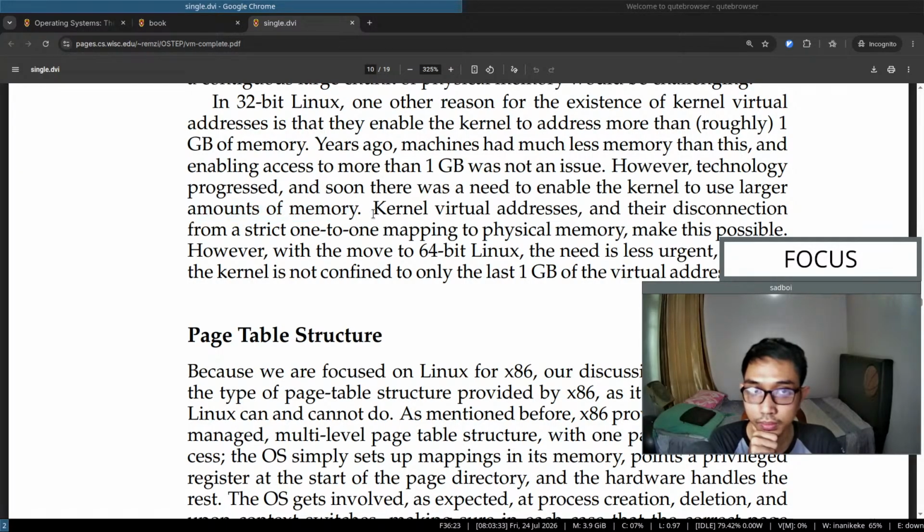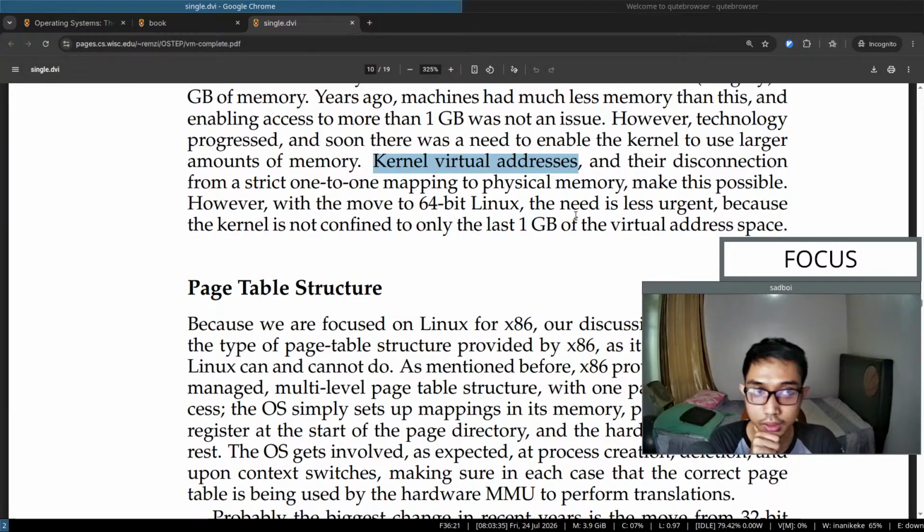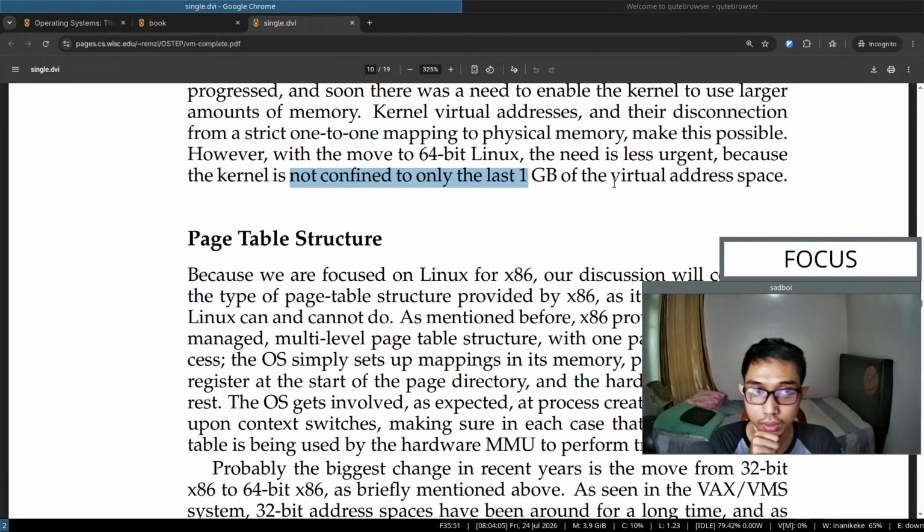Kernel virtual addresses and their disconnection from a strict one-to-one mapping to physical memory make this possible. However, with the move to 64-bit Linux, the need is less urgent because the kernel is not confined to only the last 1 GB of the virtual address space.